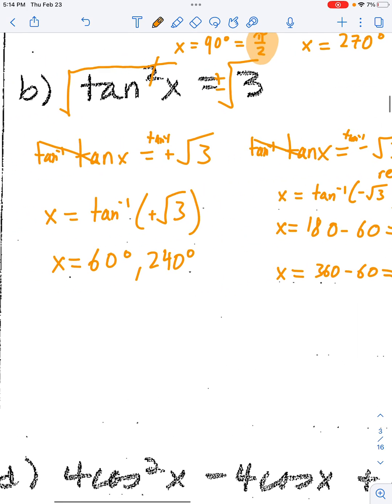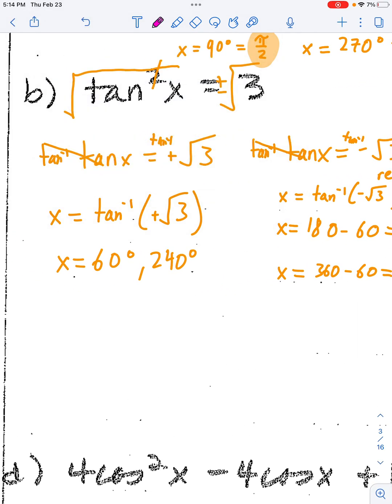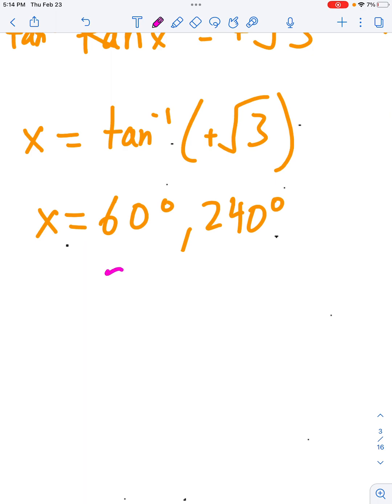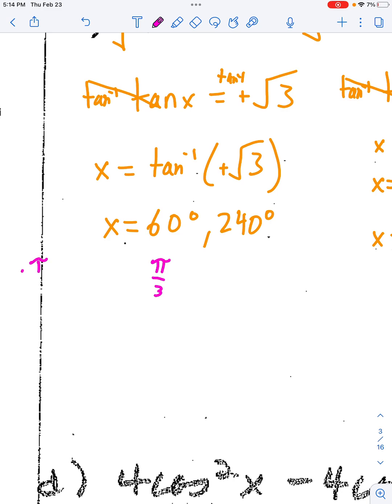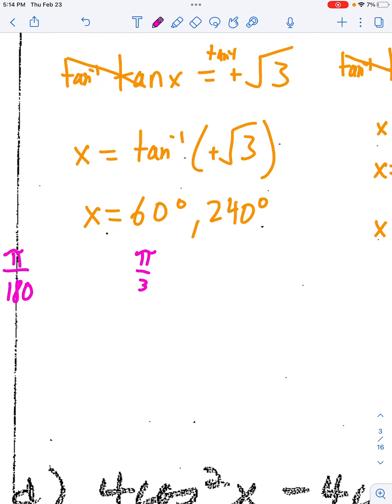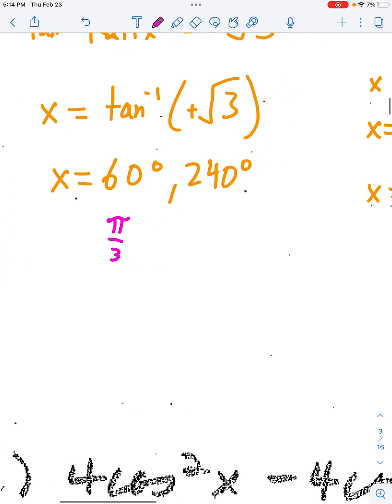All right, and again, they want all of our answers in radians. So 60 degrees is pi over 3 radians, since I just multiply by pi over 180. We've been doing this for a while, so then we're going to have 240 pi over 180, cross out the zeros, divide by 6, it'll be 4 pi over 3. So these are going to be our two answers here.